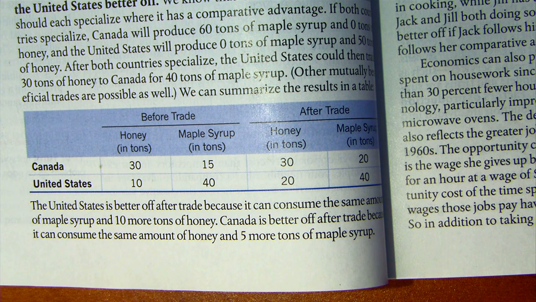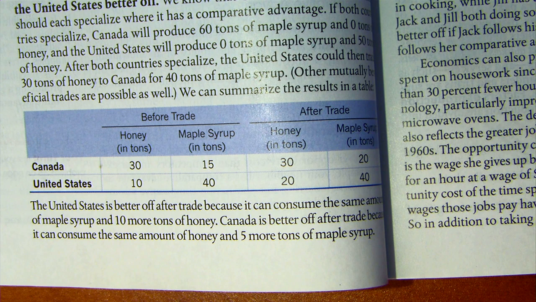And Canada has 30. And Canada gives up 40 maple syrup. So the US ends up with 40 maple syrup and 20 honey. Canada ends up with 20 maple syrup.